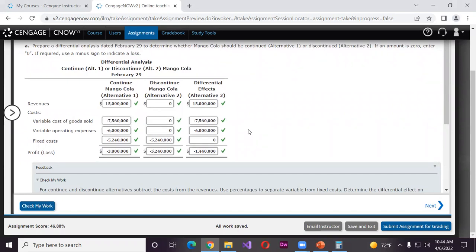Everybody follow that? I went through it pretty quick. So we're going to actually do worse by discontinuing it, right? We're going to have more loss by getting rid of it. This is kind of another one of those examples of even though we're losing money on it, it's variable. It's making a positive contribution margin. It's just losing because of these fixed costs, which aren't going to go away.